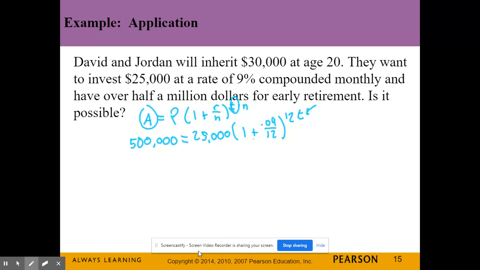So what we're going to do to start is divide the 25,000 from both sides. And then that number is going to be 20.